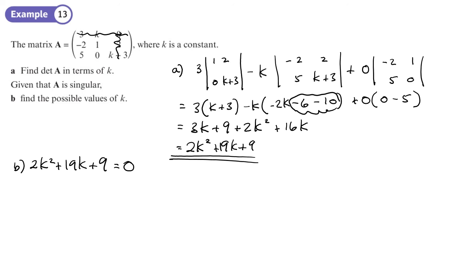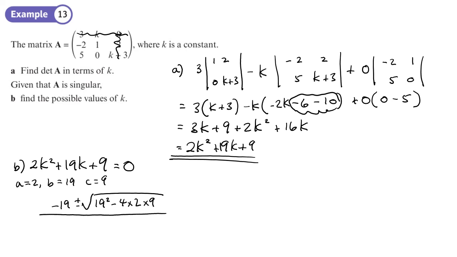In an exam, you may not necessarily want to muck around with trying to factorize it, so you might just go straight to the quadratic equation. So A is 2, B is 19, C is 9. So we've got minus B plus or minus the square root of B squared minus 4 times A times C, let's hope these are real solutions and not complex ones, divided by 2A.